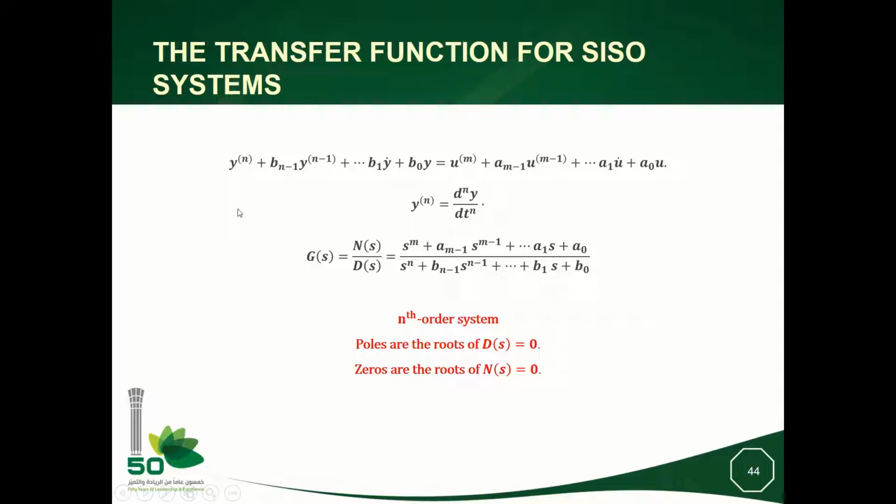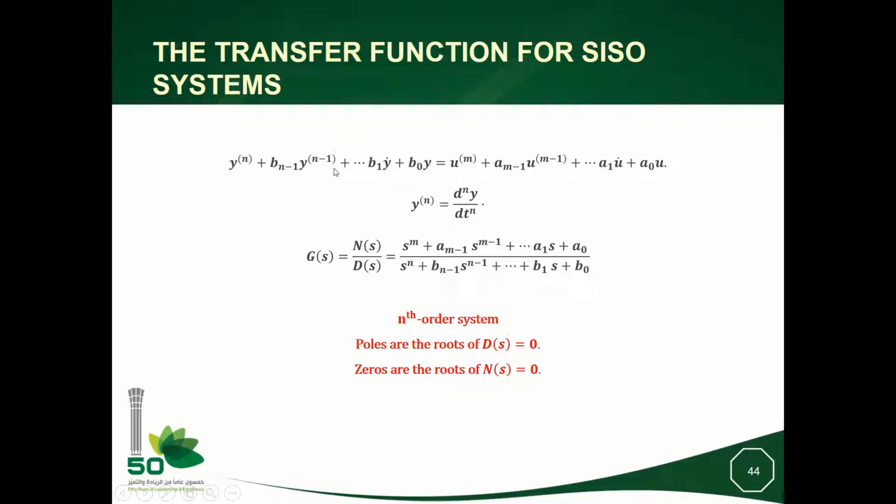In order to get the transfer function, we will apply the Laplace transform to both sides of this differential equation. So we will start with this term. We know that the nth derivative of y with respect to time, its Laplace transform is s^n Y(s).